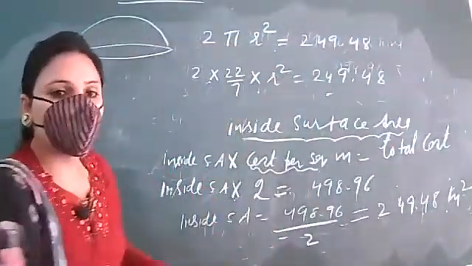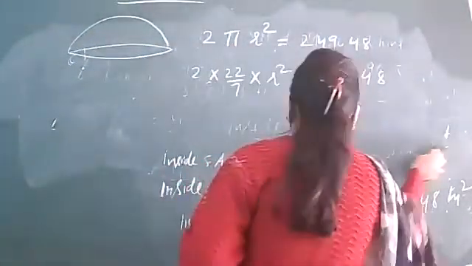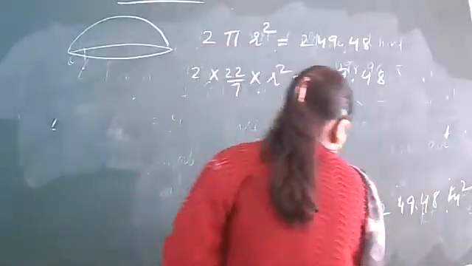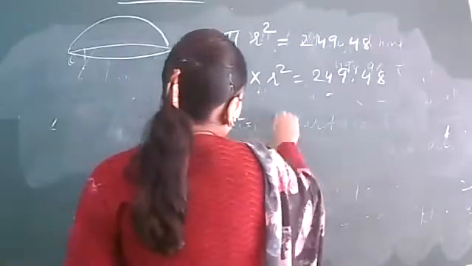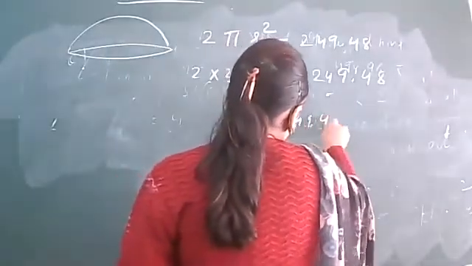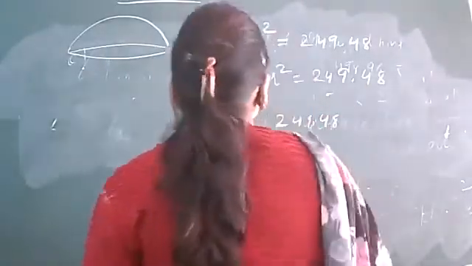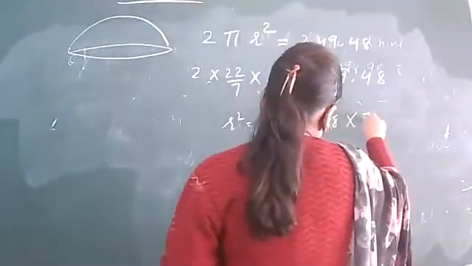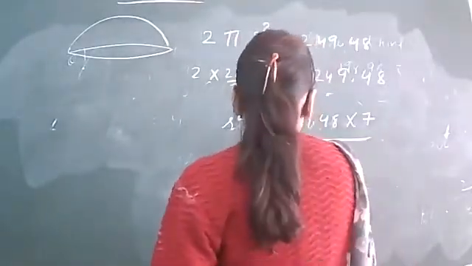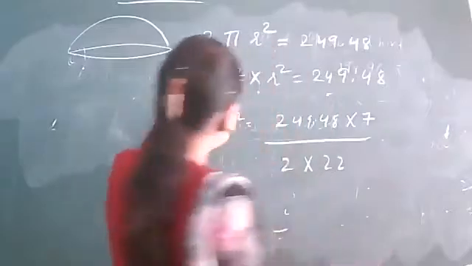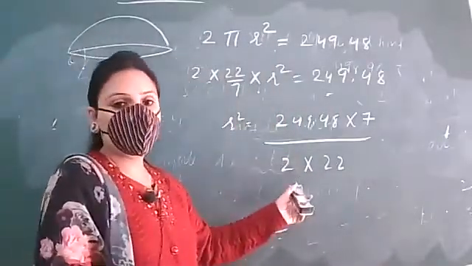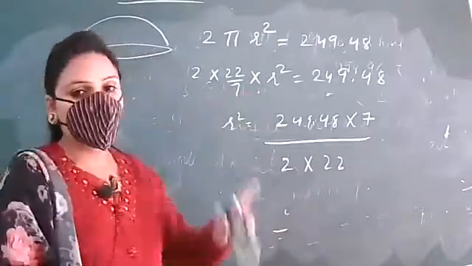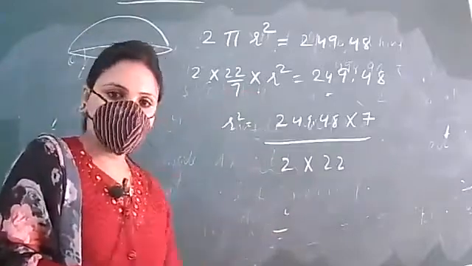So further, r square is equal to 249.48 into 7 over 2 into 22. So the 2 and 22, being in the denominator, become the numerator in the next step, and the numerator becomes the denominator in the next step.